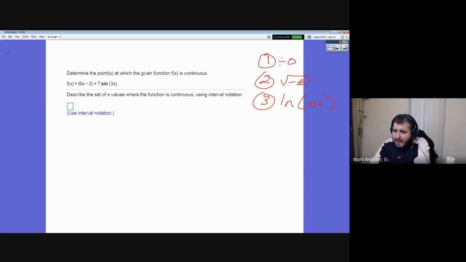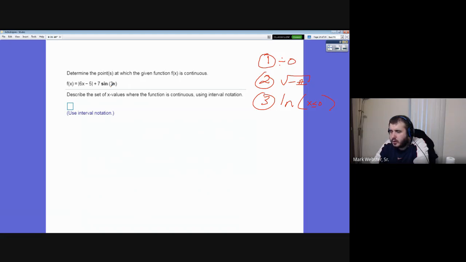So the question I have for you here is, does this have any of those issues in them? Is there any dividing by 0 errors? Is there any square root of a negative number errors? Is there any logarithms in here? Are any of those things present in this function?